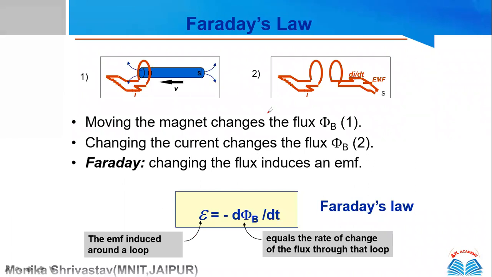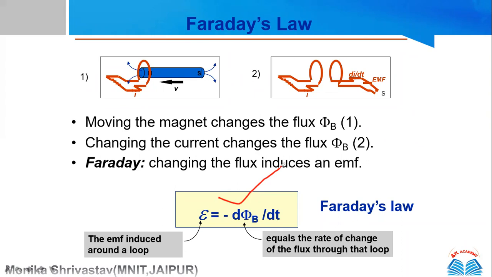So comparing these two diagrams, what did Faraday conclude? The moving magnet is changing the flux, which we are denoting by Φ_B. This changing flux is inducing an electromotive force. Okay, yes, changing the flux induces an electromotive force. So what is the expression for that force? That is EMF ε equals minus dΦ_B over dt.